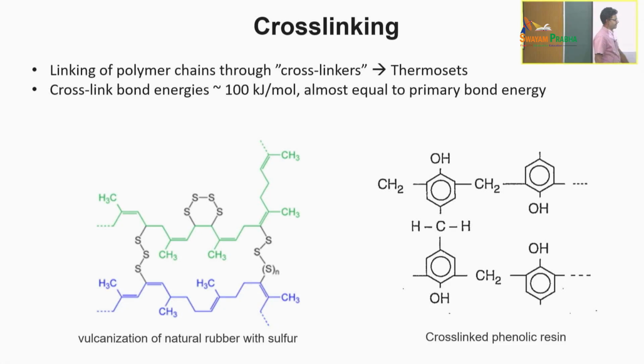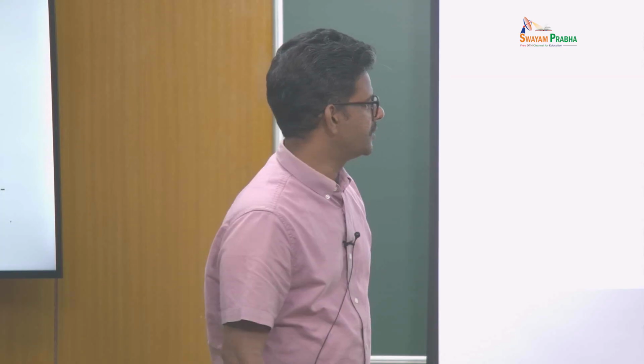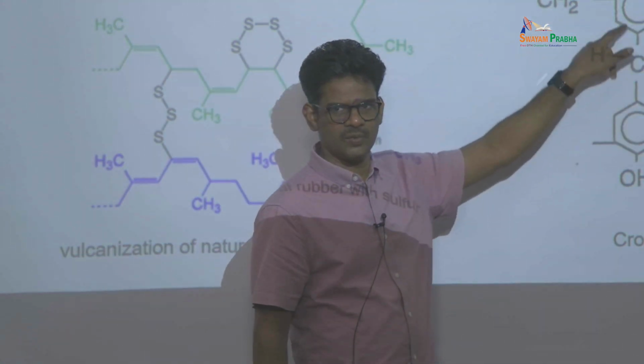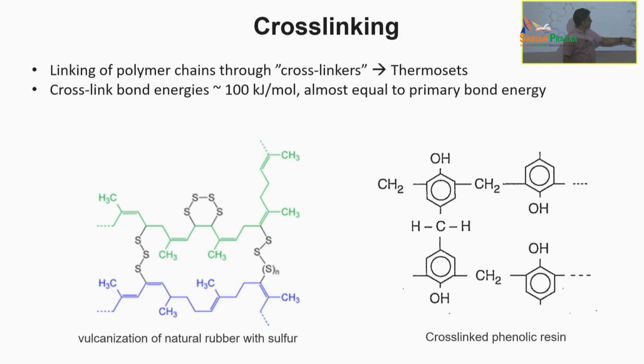I am showing another example, bakelite or phenol formaldehyde resin, which is a thermoset. Here you can see that the vinyl group cross-links the two phenyl groups, the aromatic groups. Then you can have another CH2 group from another chain cross-linking with this, and you can expand in a 3-dimensional network.